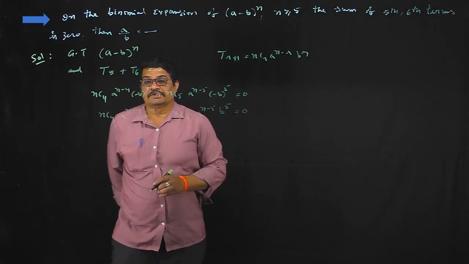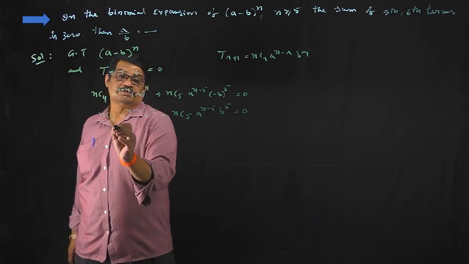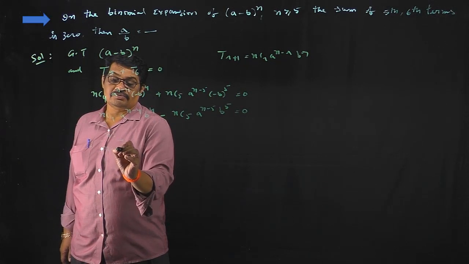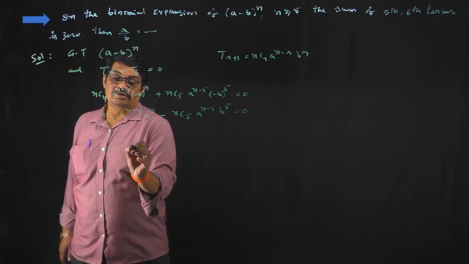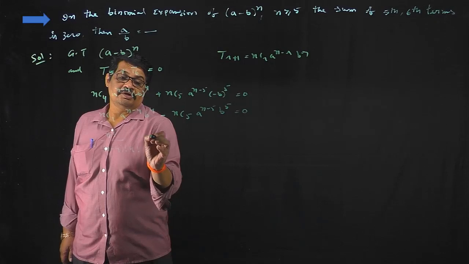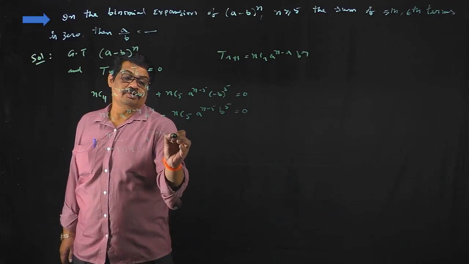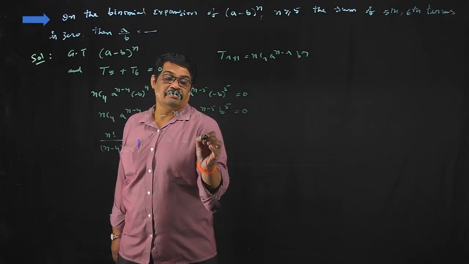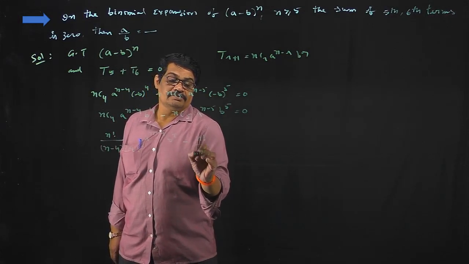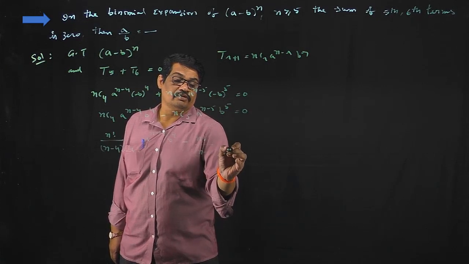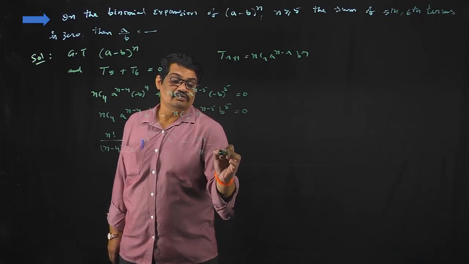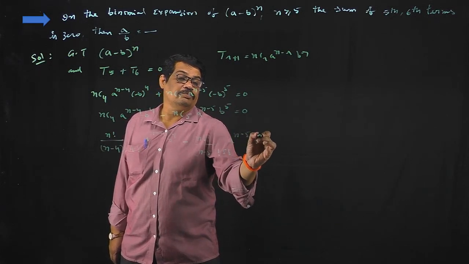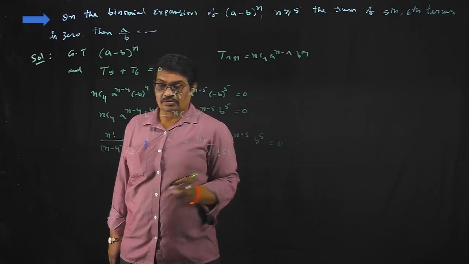Now nC4 is n factorial by (n minus 4) factorial into 4 factorial, a to the power of n minus 4 b to the power of 4. The remaining is n factorial by (n minus 5) factorial into 5 factorial, into a to the power of n minus 5 into b to the power of 5, is equal to 0.